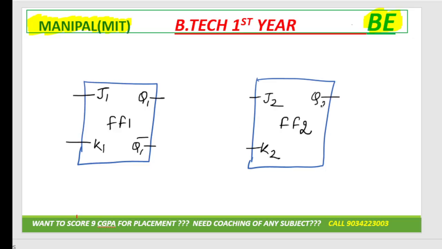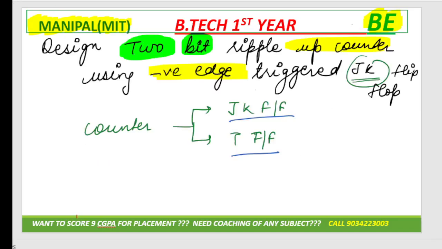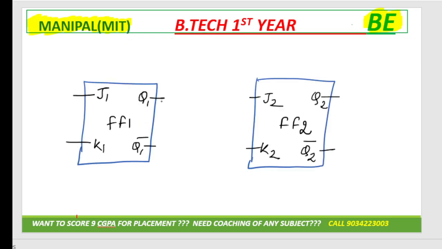This would be the output Q2 and Q2 bar, right? This is the diagram of the flip-flop. अब उसके बाद what they said कि 2-bit ripple up counter है, तो इसका मतलब क्या है कि Q1 will be the output connected to the next flip-flop की clock pulse.